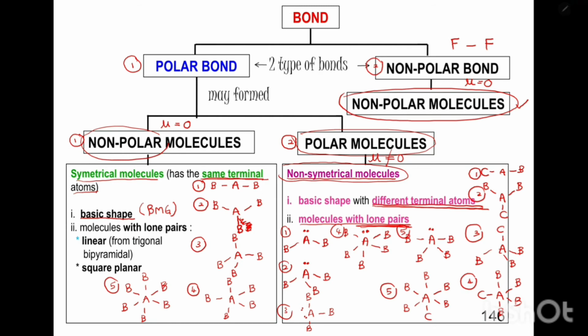For molecules with lone pairs, we have an exception for linear from trigonal bipyramidal, and square planar. These 2 molecular shapes with lone pairs are classified as symmetrical molecule. Why? Let's draw the structure for linear.